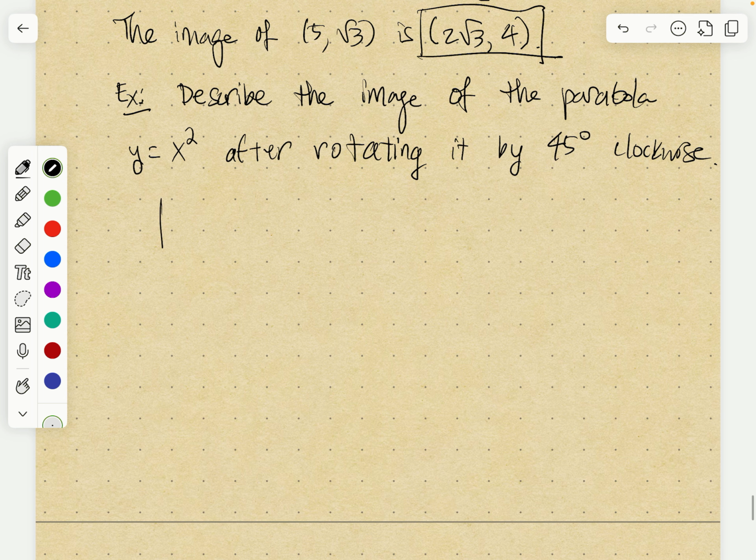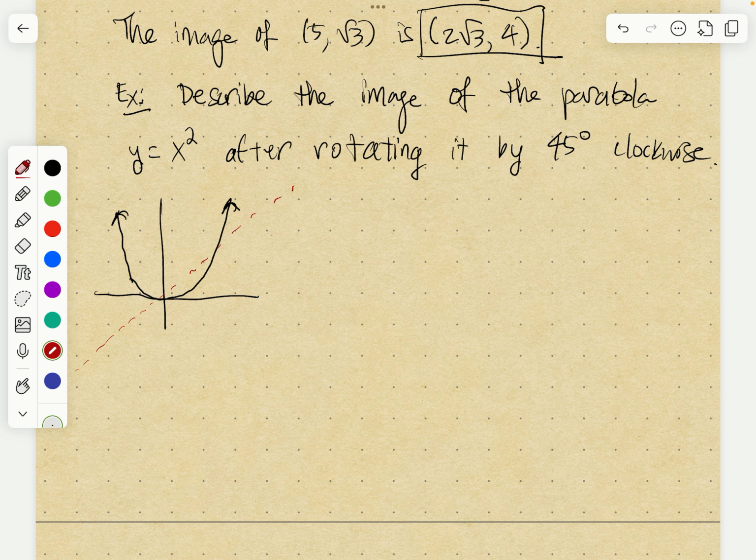So for instance, okay, let's just draw a picture. So here's the parabola y equals x squared. And you rotate it by 45 degrees. So what does that look like? So this y-axis is going to be rotated and be like this.